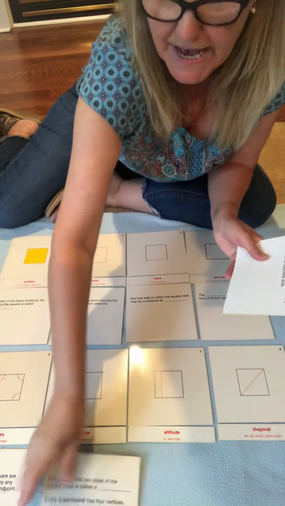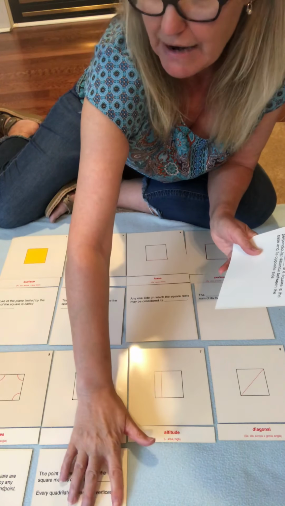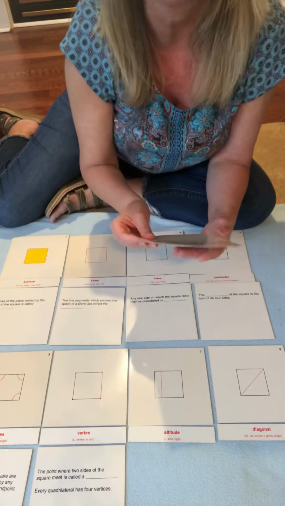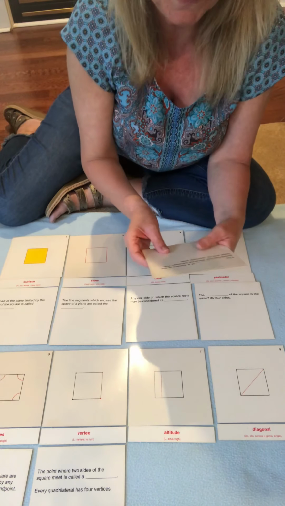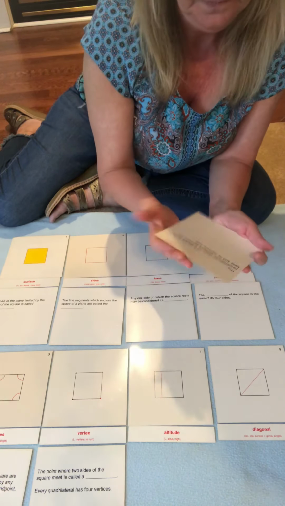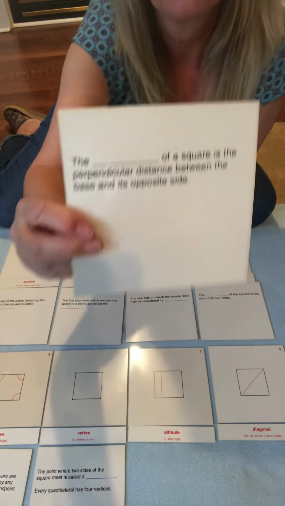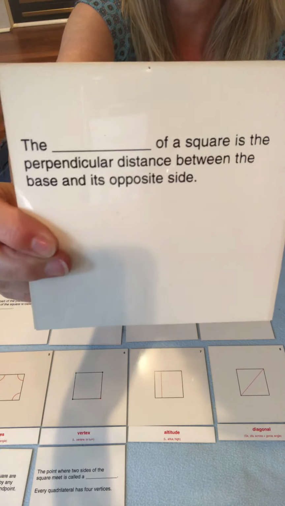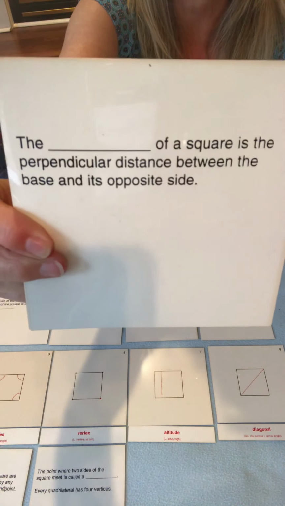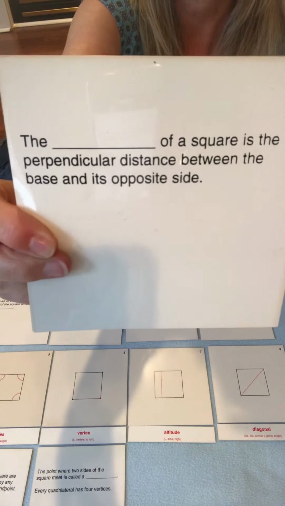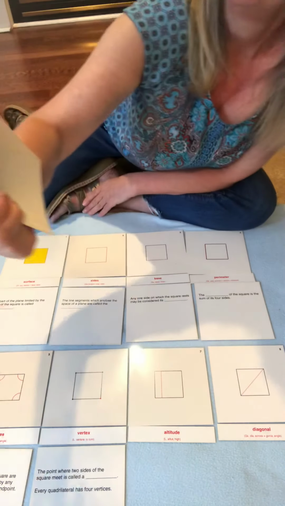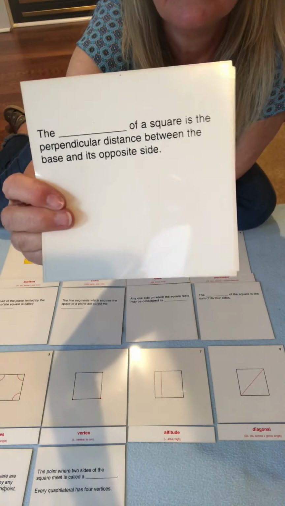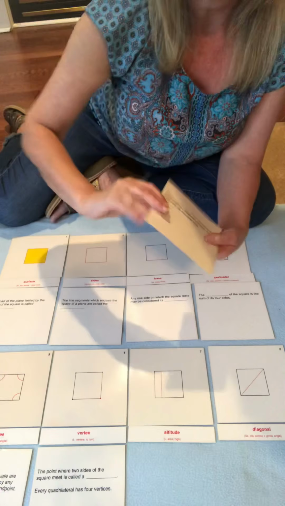And each quadrilateral, including parallelograms and rectangles, they all have four vertices. The blank of a square is the perpendicular distance between the base and the opposite side. This one is the altitude.